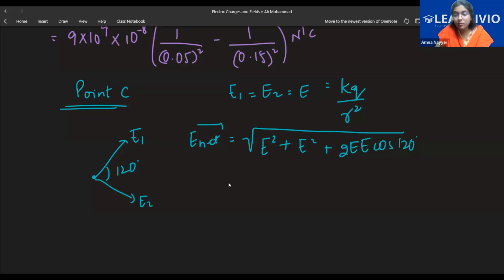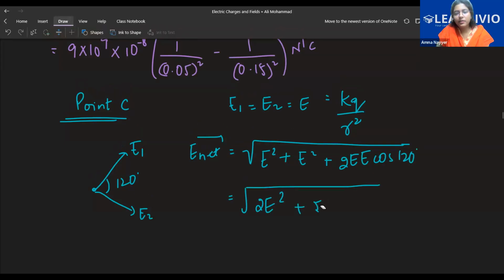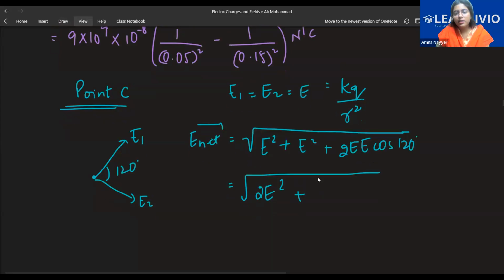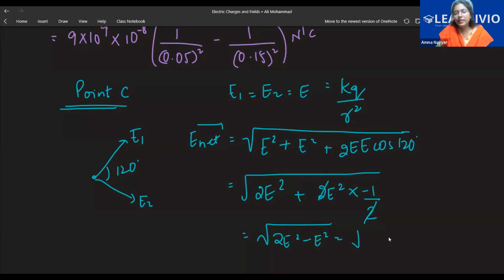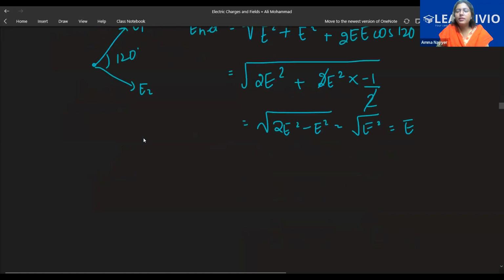What's cos 120 degrees, Ali? Minus half. Okay, so this is plus 2E square into minus half. Look, 2 gets cancelled. So you have root of 2E square minus E square, which is root of E square, which is equal to E. It means the magnitude of the resultant net electric field will be E, that is KQ by R square only.